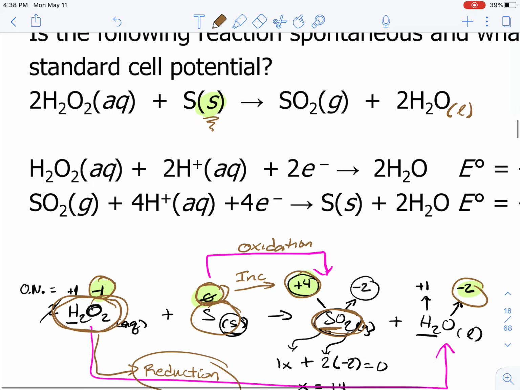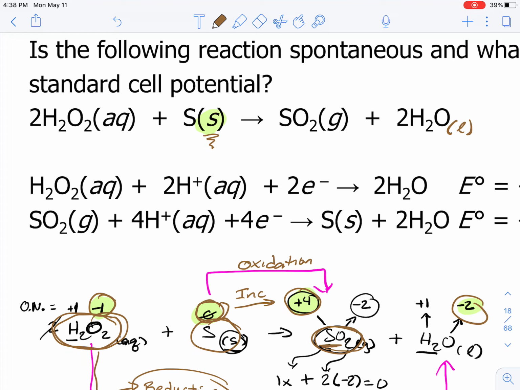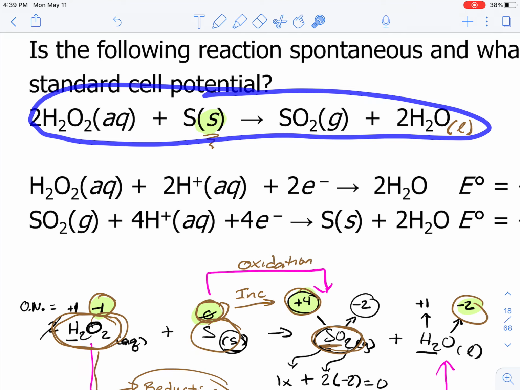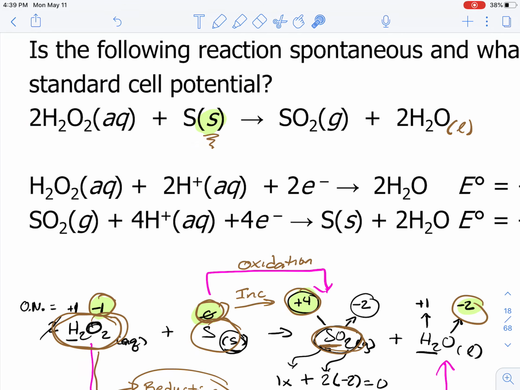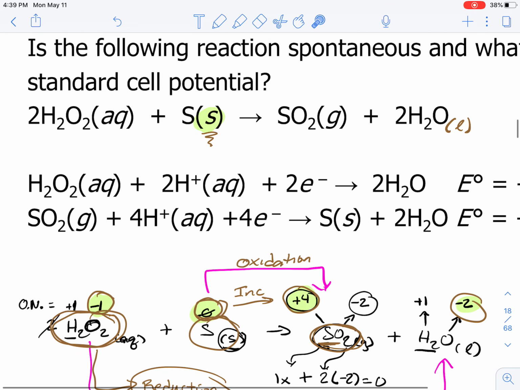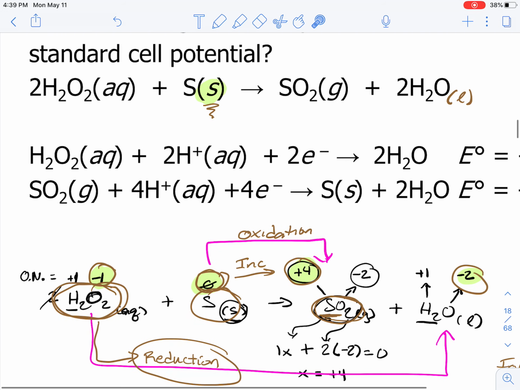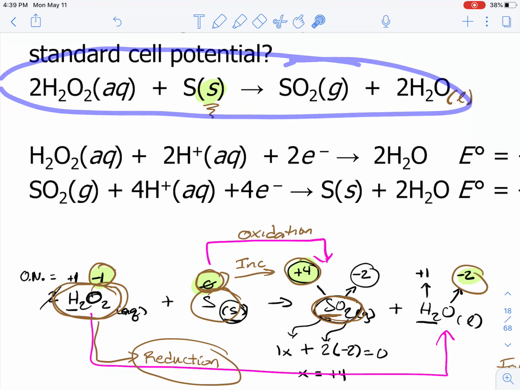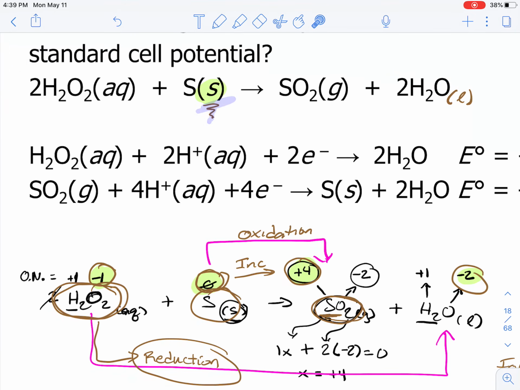The reason why is because you need more information in terms of how to build and set up those galvanic or voltaic cells. And so you do not have enough knowledge to be able to write the correct cell notation for chemical reactions that are mostly aqueous or gaseous or liquid in state. So long story short, I'm not going to hold you accountable to write cell notations for something like this, just because there's only one defined solid.